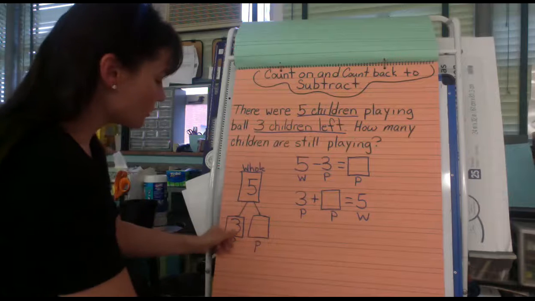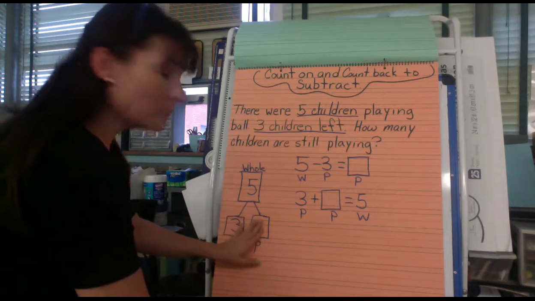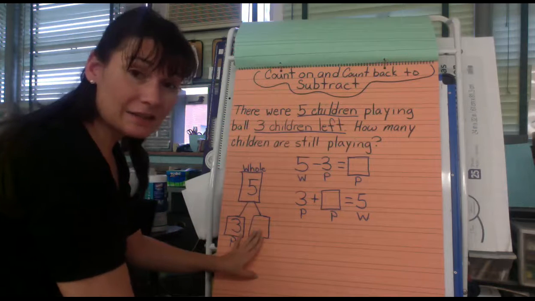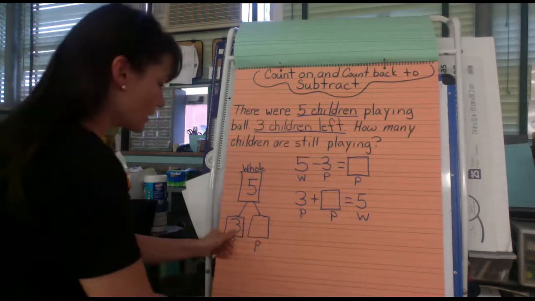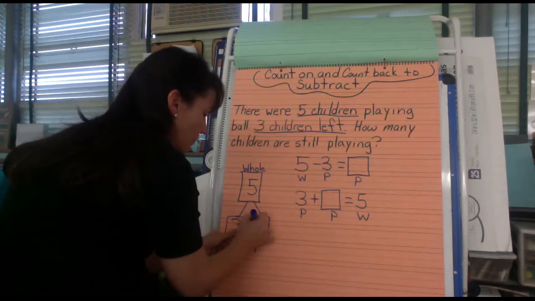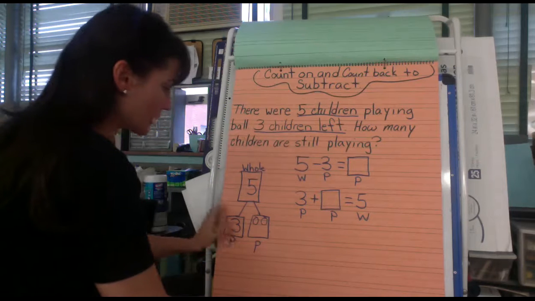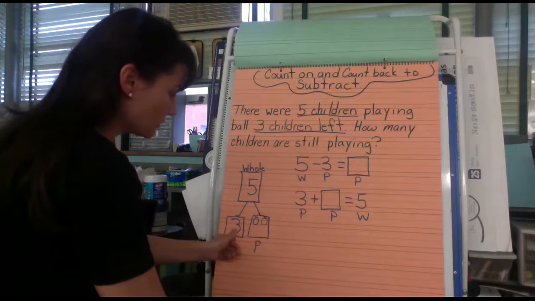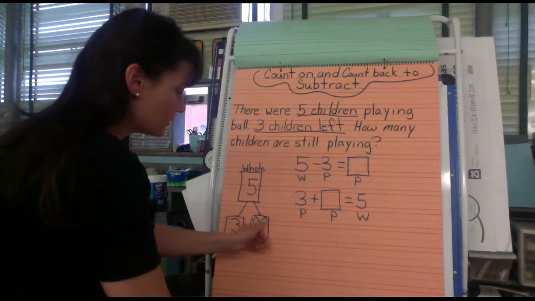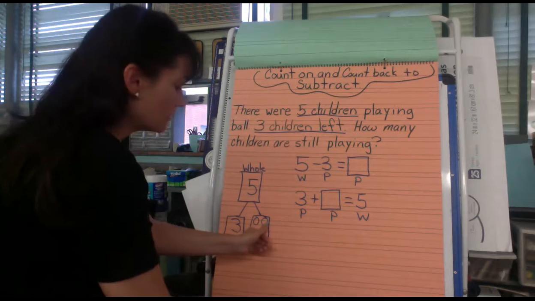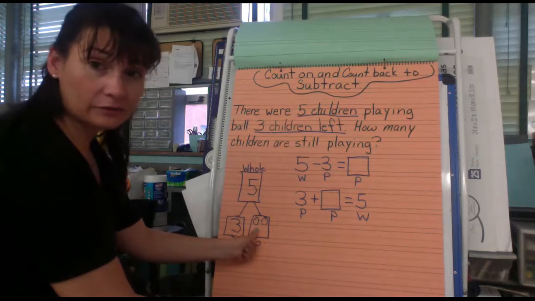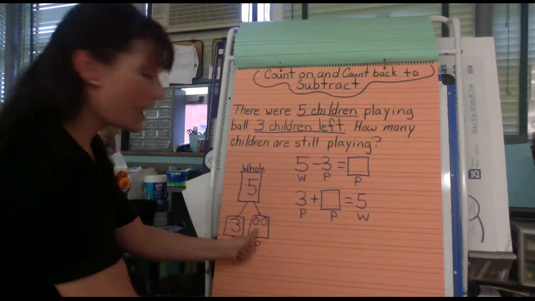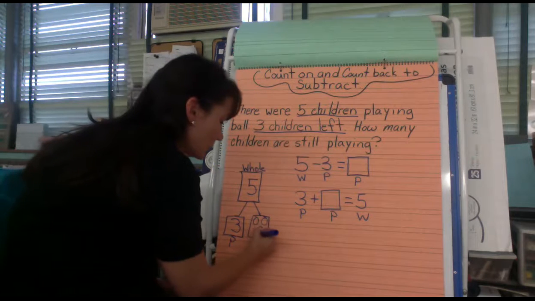So I'm going to start at 3, and I'm going to draw counters until I get to number 5. 3, 4, 5. So I counted on 3, 4, 5. How many counters did I need to make 5? I only needed 2 more.